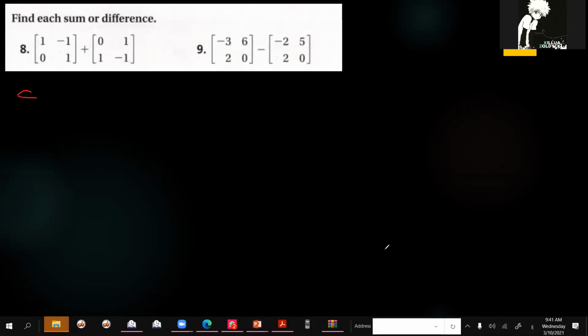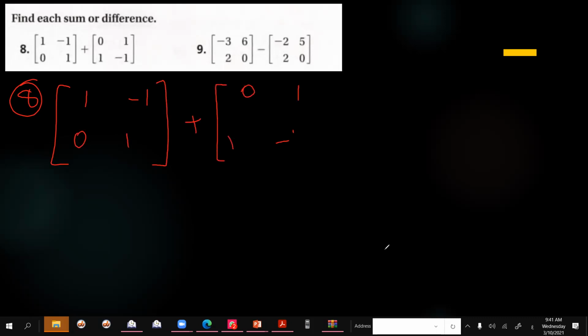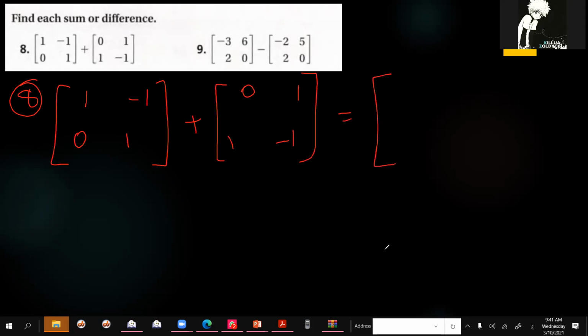Who can help me? Yes, Huda. 1 plus 0, which is 1. Then -1 plus 1, which is 0.